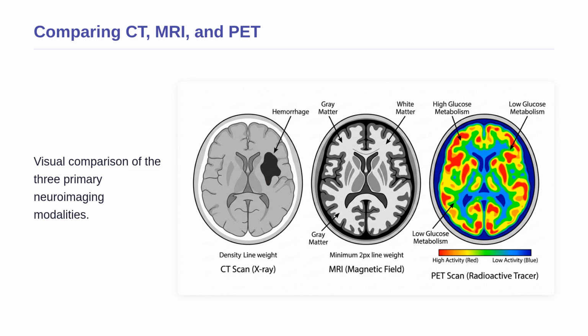In the middle, the MRI utilizes magnetic fields to provide a beautifully detailed, high-contrast view of the brain's structural anatomy, clearly separating white and gray matter. Finally, on the right, the PET scan uses a radioactive tracer to display a vibrant heat map of glucose metabolism, where warmer colors indicate high cellular activity. Together, these images show how each modality offers a unique and vital perspective on brain health.